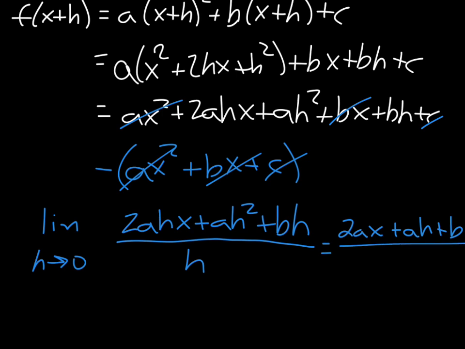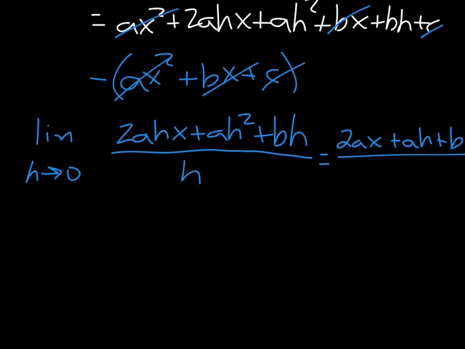Oops, so it's not over anything anymore. Is that okay? And then now we can direct substitute, and basically that term with the h is just gone. So the limit of all that would be 2ax plus b.